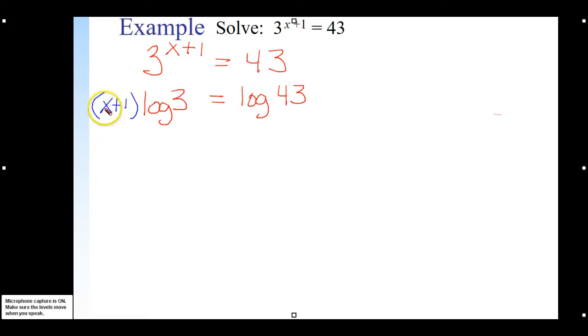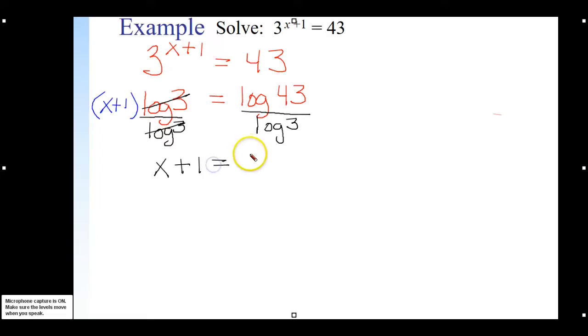Now, how do I get the x plus 1 by itself? Well, here I'm going to divide both sides by the log of 3. Now these cancel out, and on this side I'm left with x plus 1 equals the log of 43 divided by the log of 3.